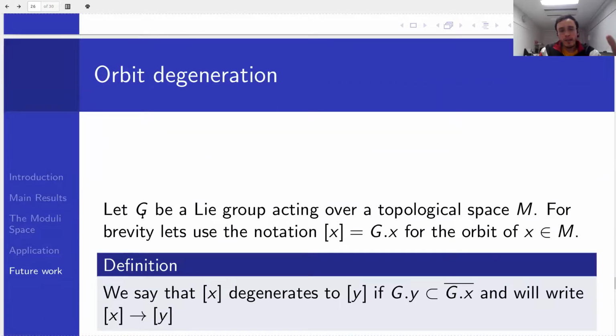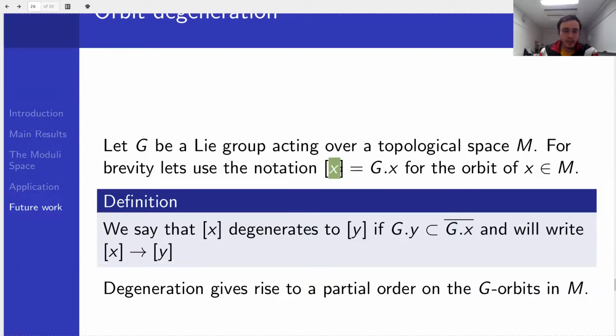If you have a Lie group action, and this is the notation for the orbit, you say that an orbit degenerates into another orbit if this orbit is contained in the closure of the other orbit, the topological closure.